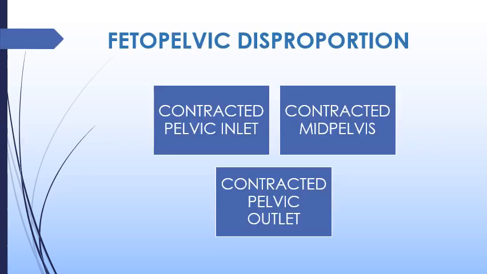Fetopelvic disproportion arises from diminished pelvic capacity, from abnormal fetal size or presentation, or more often from both. The pelvic inlet, mid-pelvis, or pelvic outlet may be contracted solely or in combination. Any contraction of the pelvic diameters that diminishes pelvic capacity can create dystocia during labor.